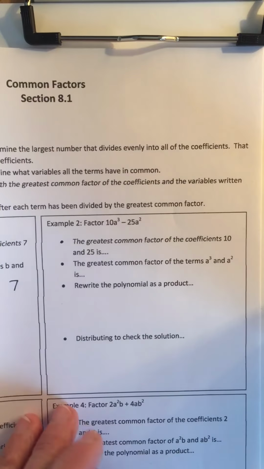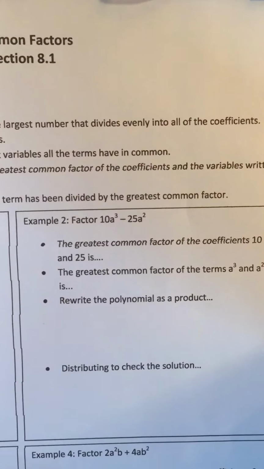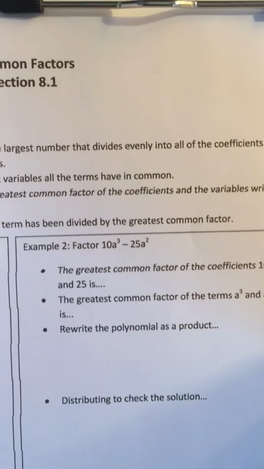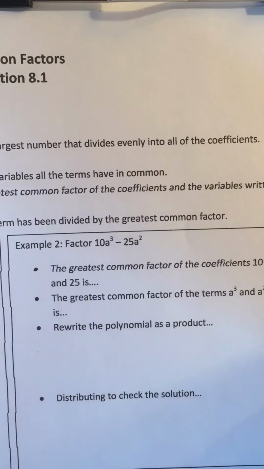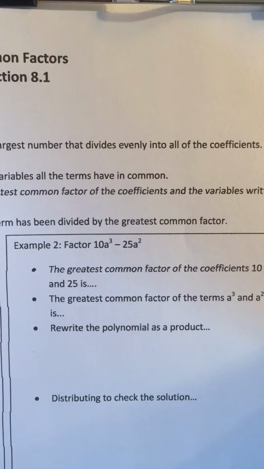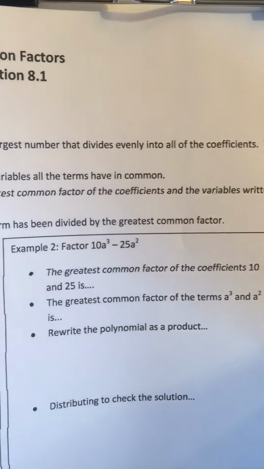Example 2, we are going to factor 10a cubed minus 25a squared. If we look just at the 10 and the 25, the greatest common factor, the largest number that divides evenly into both 10 and 25 is 5.